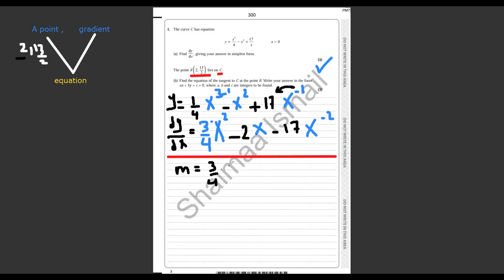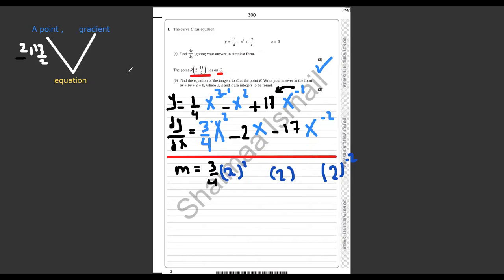So here it will be 2 squared, and the second term will be multiplied by 2, and the third term will be 2 to the power negative 2. I just take out x and put in 2 instead of it. That's all I do.